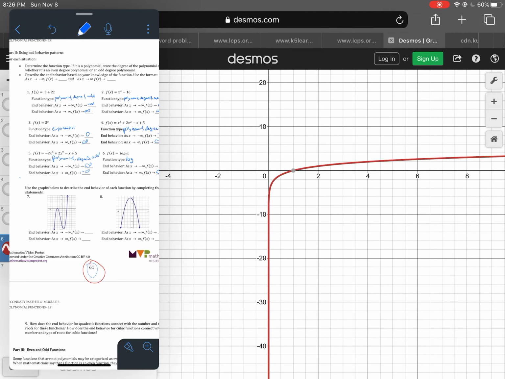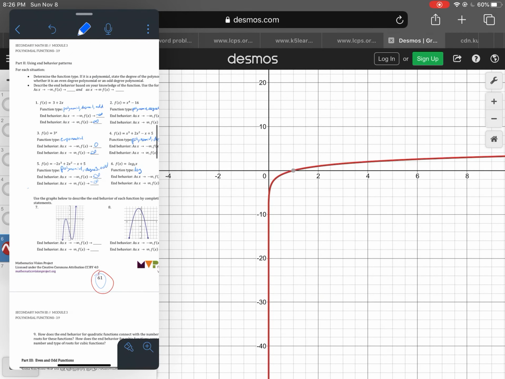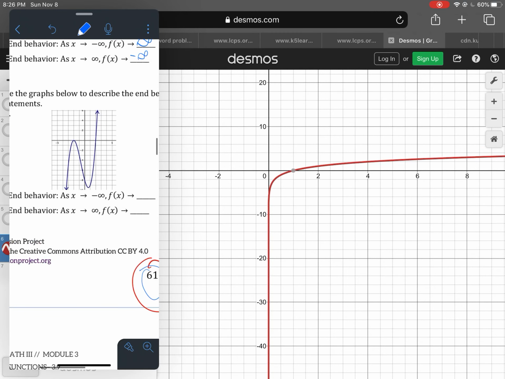So next, for 7, all right, it says use the graphs below to describe the end behavior of each function. So you've just watched me describe all the end behaviors here. So let's go ahead and look at number 7. What is the end behavior as x approaches negative infinity? So as x approaches negative infinity, which means as x goes that way, what happens to the function?